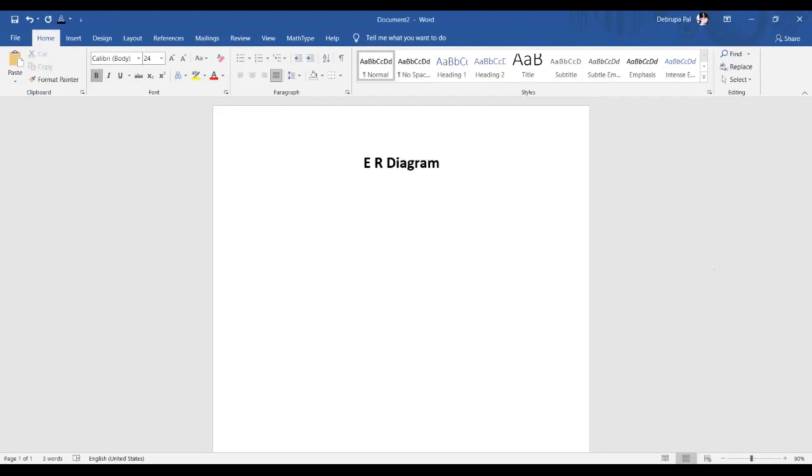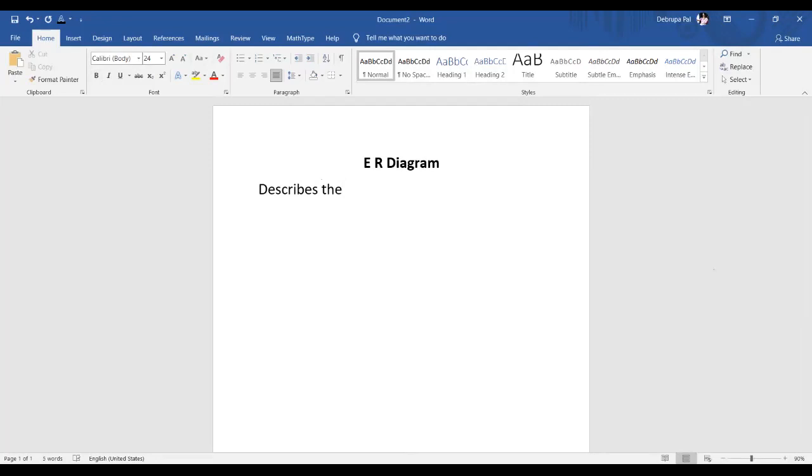Does anyone have any idea what ER diagram describes? Entity relationship diagram, ma'am. That is the full form. What does it describe? The relationship between the entities is described through the diagram, ma'am. You are saying that by taking the help of ER, there must be entity, there must be relationship between them, isn't it?